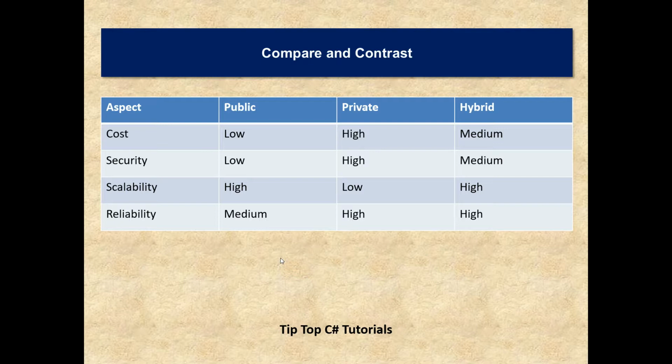So definitely reliability can be tweaked up. It's high in private, whereas in hybrid as well, it's termed as high because in private it's high and public it's medium. And if you want to scope the reliability to the peak, we can achieve it in hybrid cloud.